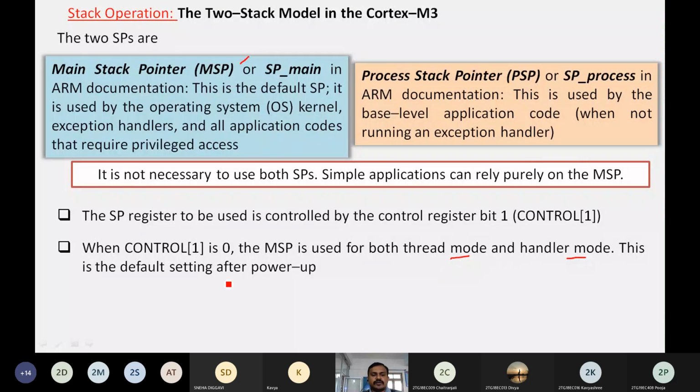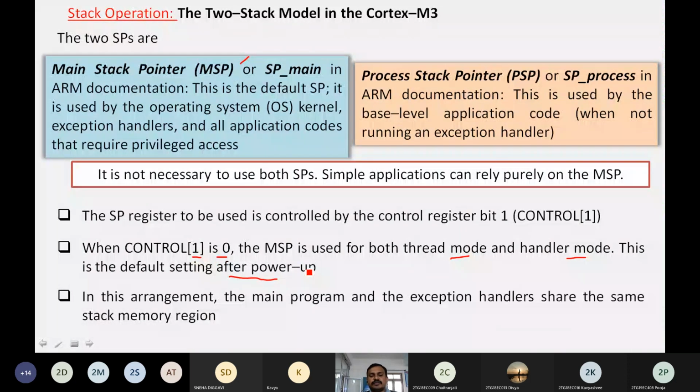This is the default setting after power up. Once we power up the Cortex M3 processor, the default stack pointer is MSP, and the control register bit, the MSP bit, control 1, is always 0.